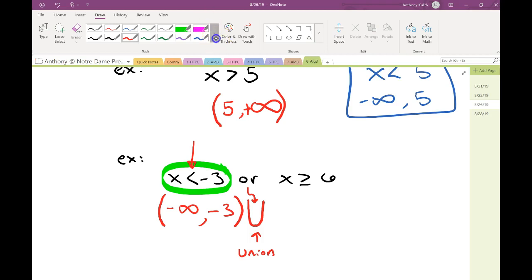Let's move on and look at the next part, which is x is greater than or equal to 6. So the lower bound for that is 6. Good. The upper bound is positive infinity.